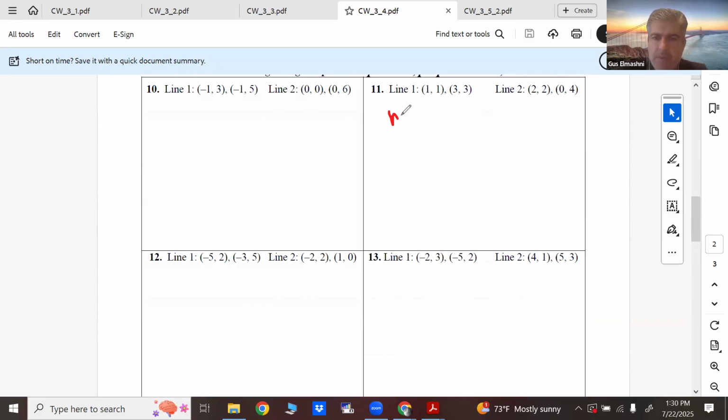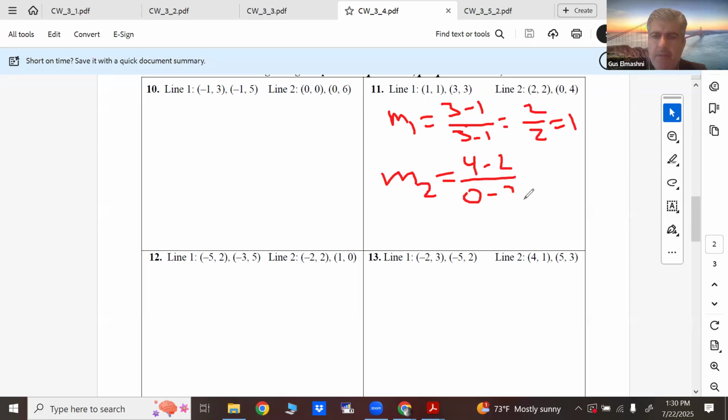So if I find the slope of this one here, 2 over 2 is 1. So those would be perpendicular. Those are negative reciprocals of each other.